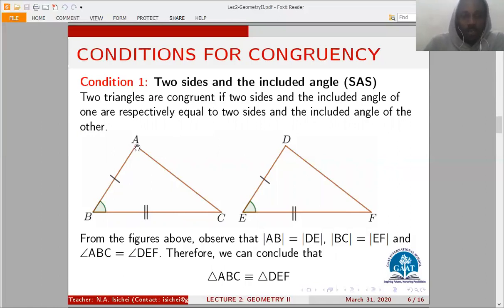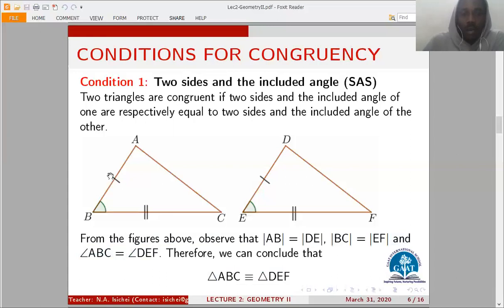So these are 2 triangles, ABC and DEF. From the figures above, observe that length AB is equal to length DE, length BC is equal to length EF, and angle ABC is equal to angle DEF. Therefore, we can conclude that triangle ABC is congruent to triangle DEF.